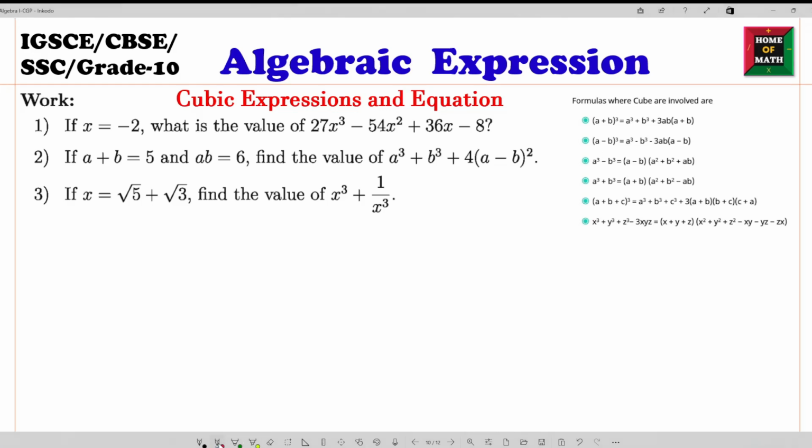Question 1. If x equals -2, what is the value of 27x cube minus 54x square plus 36x minus 8?